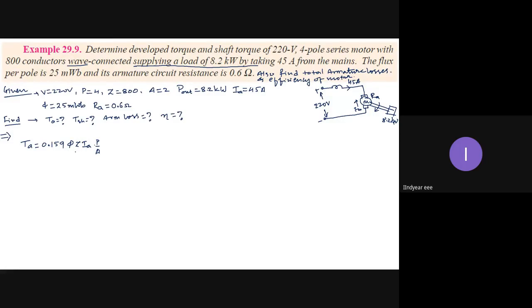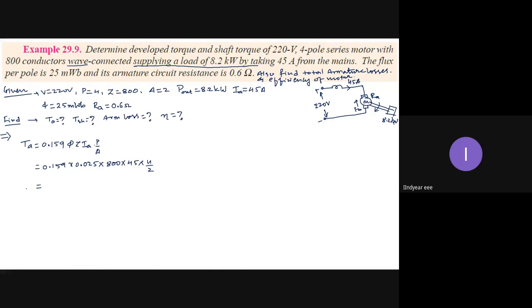Flux is given, conductors are given, armature current is known, poles and number of parallel paths are also known. So directly we can find TA: 0.159 into 0.025 into 800 into 45 into 4 by 2.